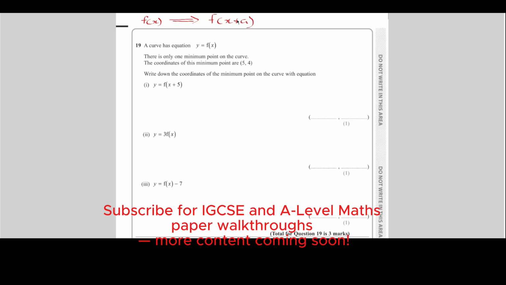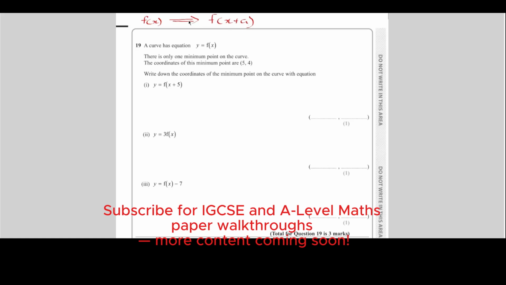You can spot addition here. If you see addition, it is translation. It means you can shift the curve either upwards, downwards, forwards or backwards. You can move the curve. So in this case, this is translation.